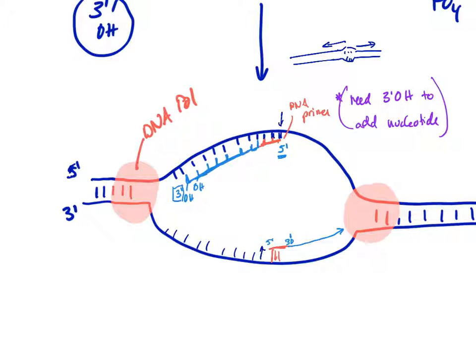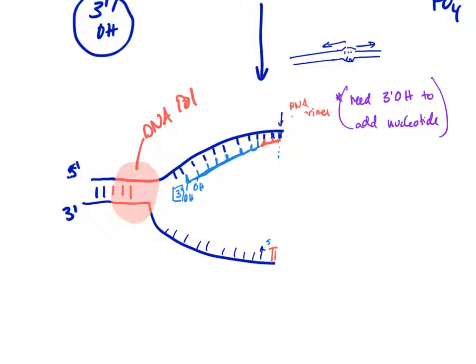But the other strand, when you only look at half the bubble, if you only look at one replication fork, you have a leading strand and a lagging strand.